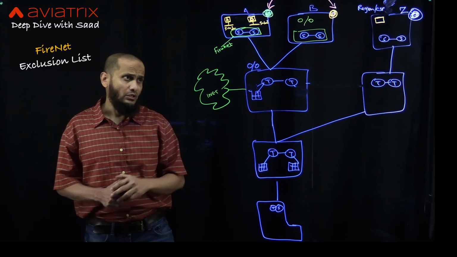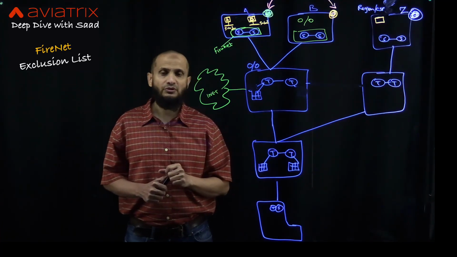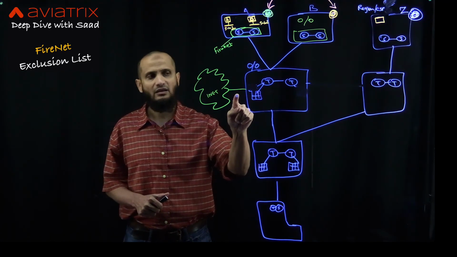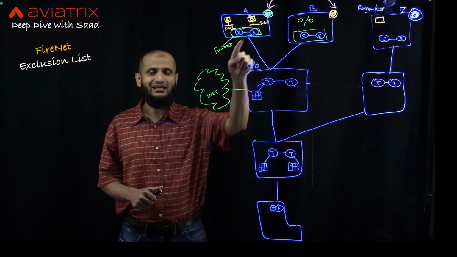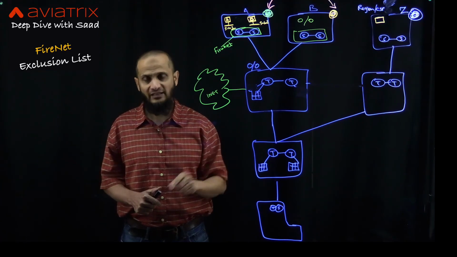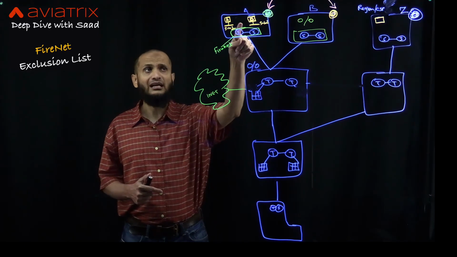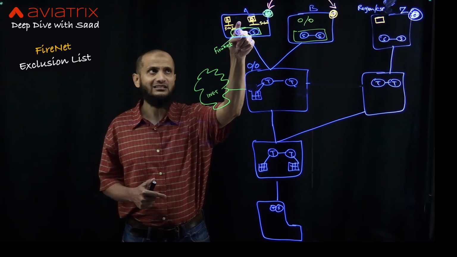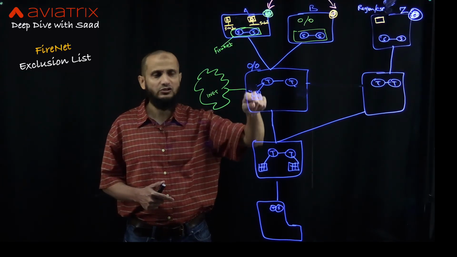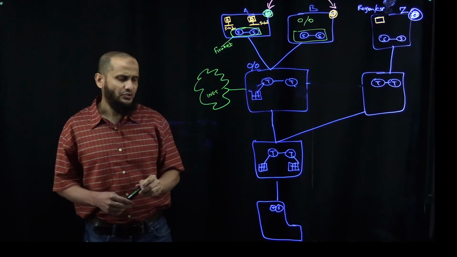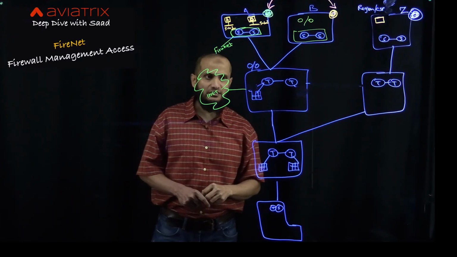Now, one thing you need to remember is that if you have enabled egress through FireNet, it does not matter whether you have any exclusion list or not. All the traffic, even though that prefix is part of the exclusion list, will also be inspected by the Aviatrix FireNet.